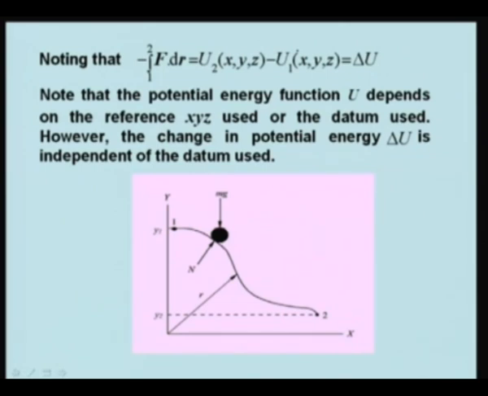So any datum can be used for defining the zero potential energy. In kinetic energy calculation, zero velocity gives zero kinetic energy, but this is not the case with potential energy. In potential energy, you can take any datum and find delta U, which will be independent of the datum used.